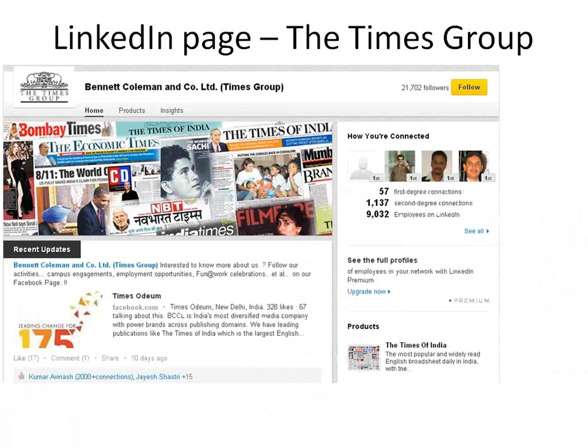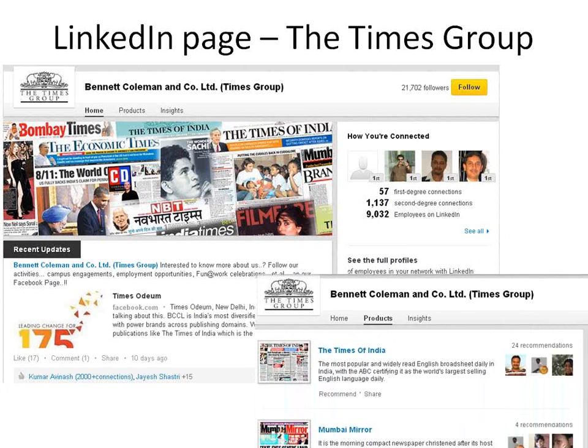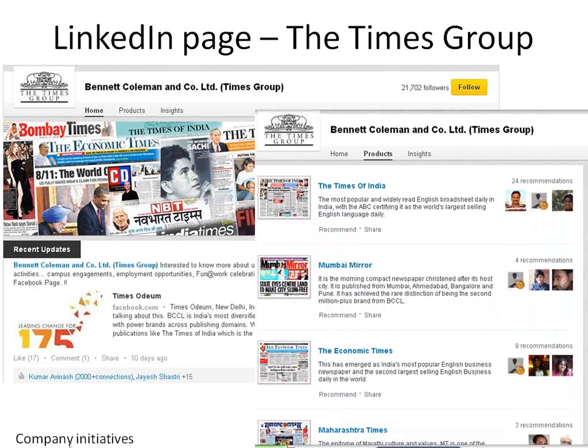So this is the LinkedIn page of the Times Group. It essentially talks about the company initiatives, the updates, various details on the products.